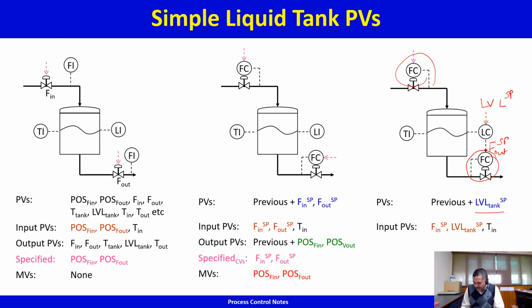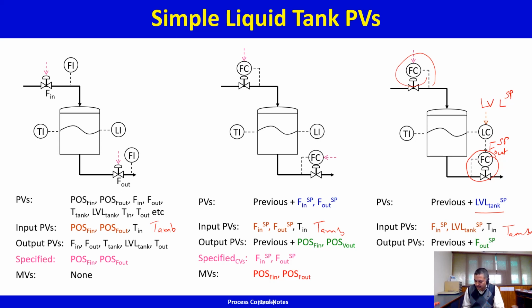You could also have, for example, ambient temperature, and this remains there on every one. That's also an input variable in the sense that it affects the heat loss and hence the temperature of the liquid in the tank. So these are input process variables.